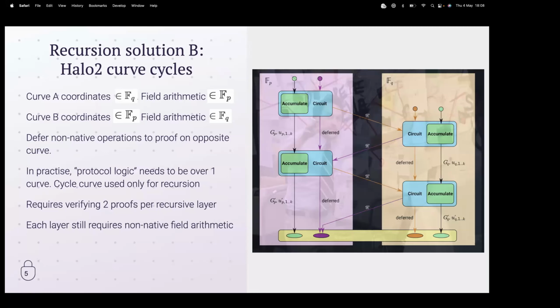You can't create these cycles where both curves are pairing friendly, but that doesn't matter because of the accumulation schemes that Halo pioneered. It means you can defer all the expensive non-native elliptic curve operations you need to verify a proof within a proof by kicking them into a circuit defined over your cycle curve, where they become native operations, which is very efficient.